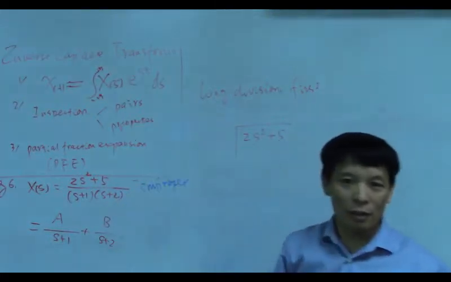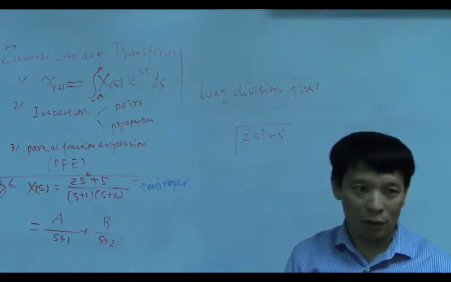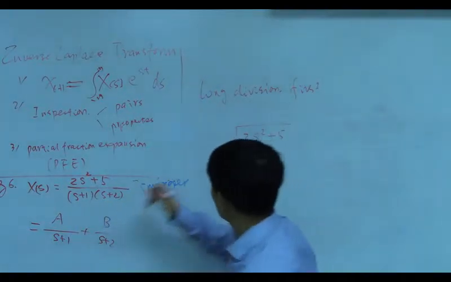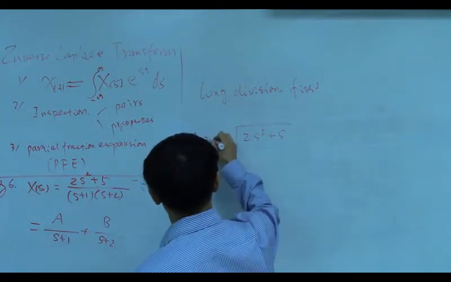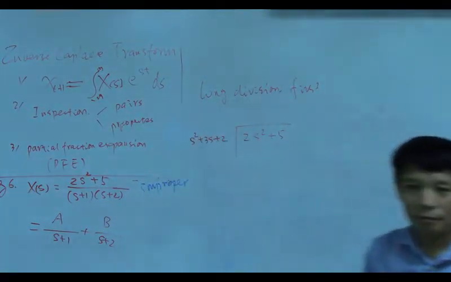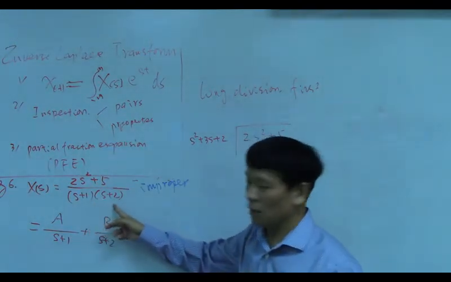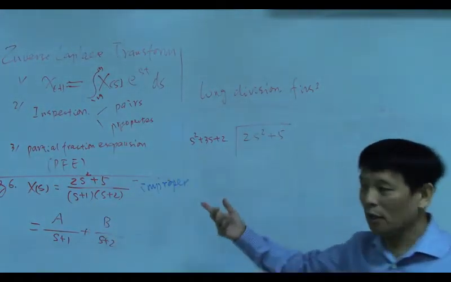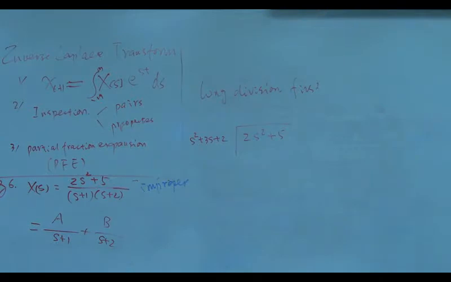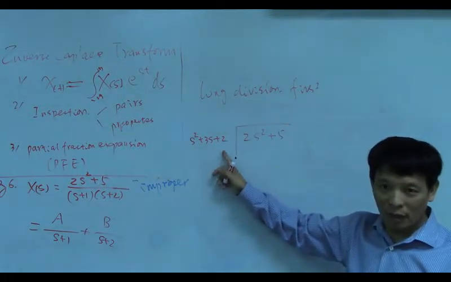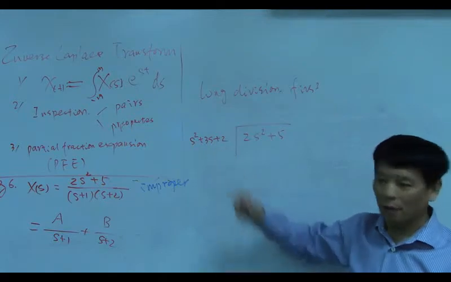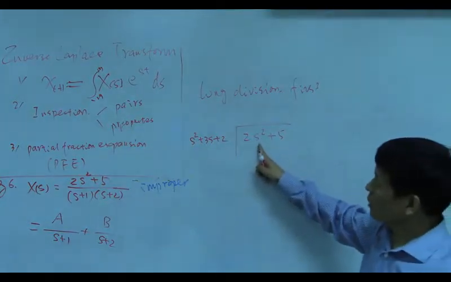For long division, we need to work with polynomials, not factors. So we need to use this one as s squared plus 3s plus 2. That is s plus 1 and s plus 2 multiplied together equals s squared plus 3s plus 2. Right? Make sense? Good. So this is s squared, this is s squared.